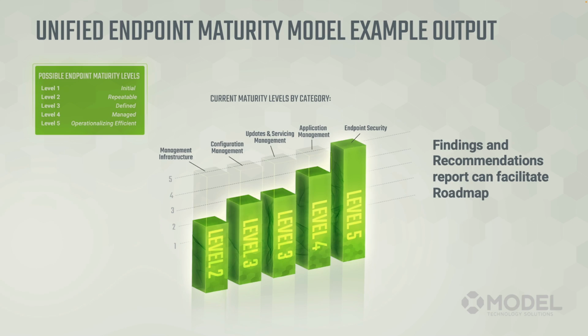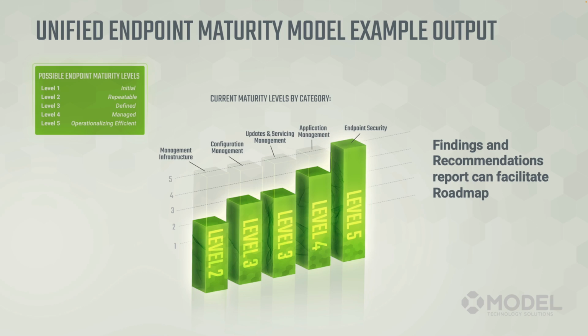So at the end of the maturity model, the idea is that we can assess your UEM endpoint maturity using categories on a scale. And so you can see where your biggest benefit would be to invest some time, energy, and or money based on our output.